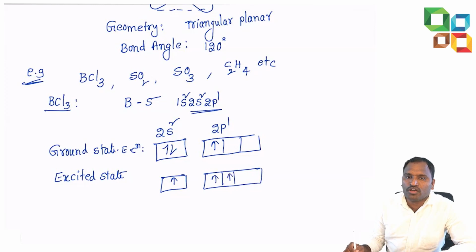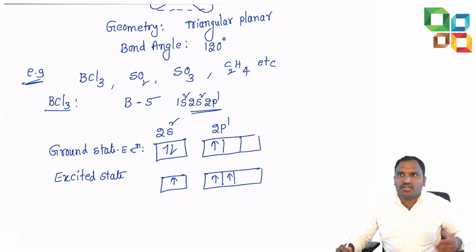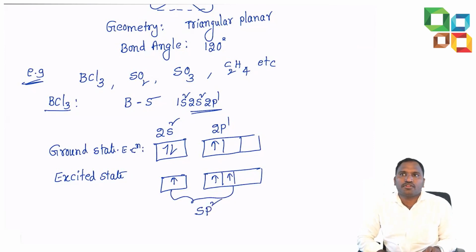Now 3 orbitals are having unpaired electrons. 3 unpaired electrons are ready. Of these, 1 is from s, 2 from p. So, which hybridization, students? sp2. Easy it is. sp2 hybridization.